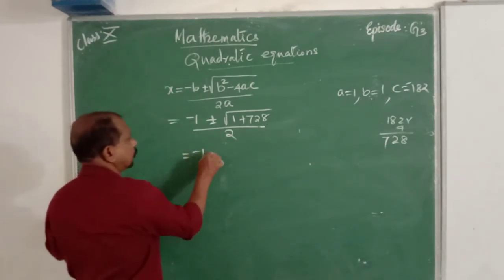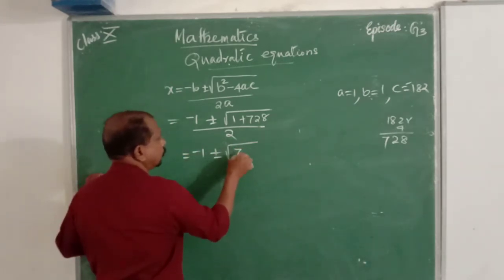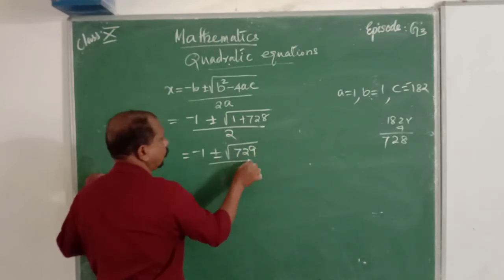That is equal to minus 1 plus or minus root of 729, whole divided by 2.